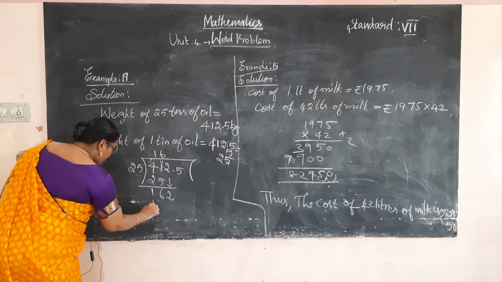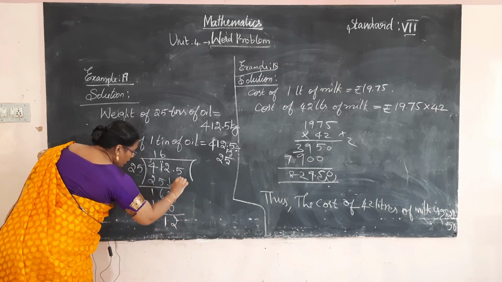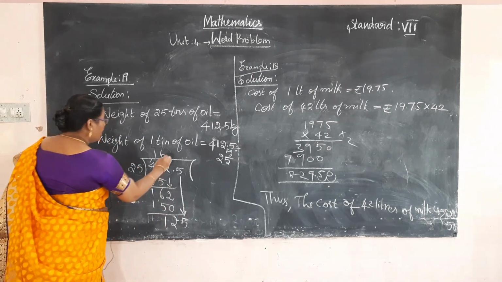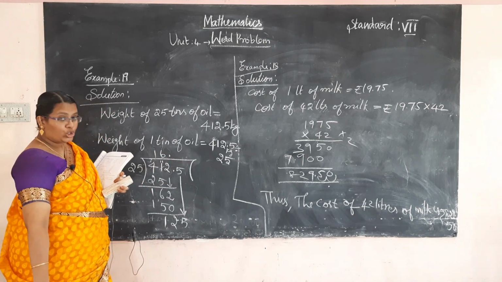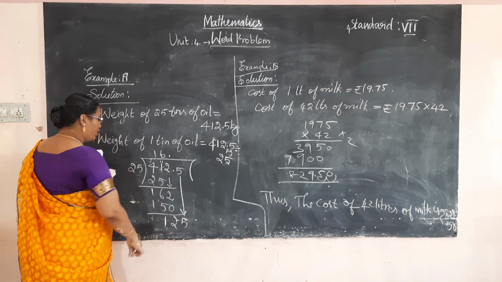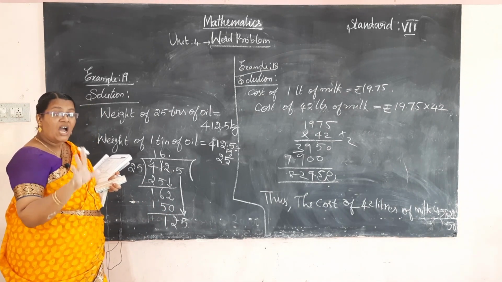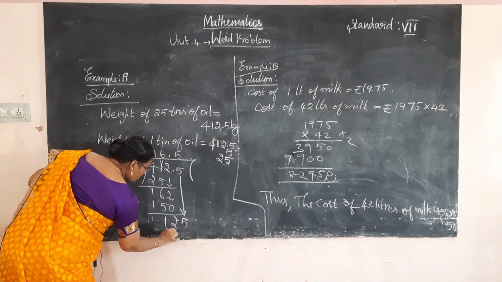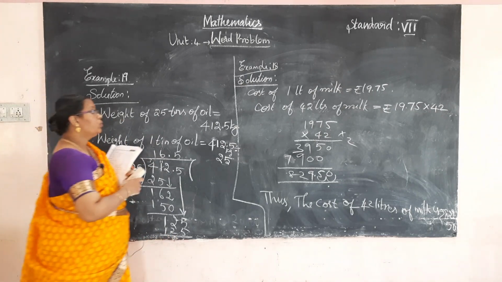Subtract, we get 21. Now bring down the next digit, 5. Put the decimal point here, in the quotient place too. How many times do we multiply 25 to get 125? 5 times, 25 fives are 125. So now we get the remainder as 0.